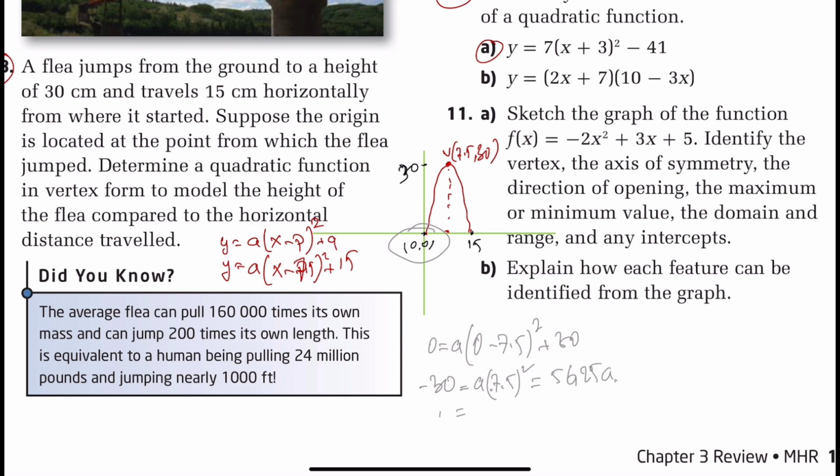So my a is minus 30 over 56.25, which is minus 8 over 15. Okay, so my final equation will be y is equal to minus 8 over 15 times (x - 7.5) squared plus 30. So this will be my final answer.